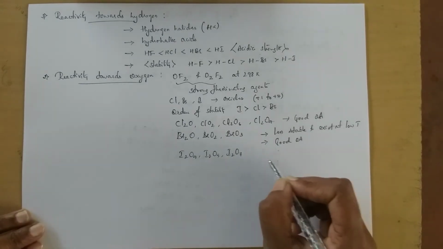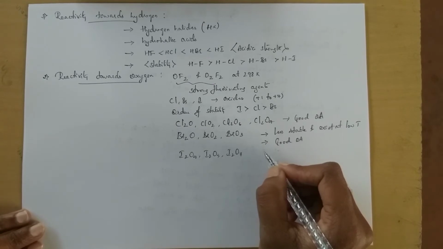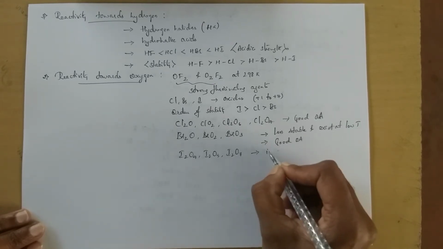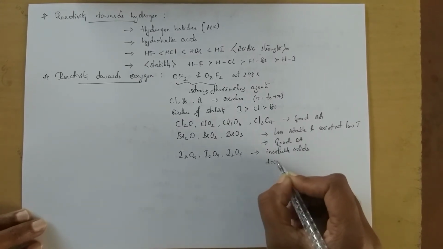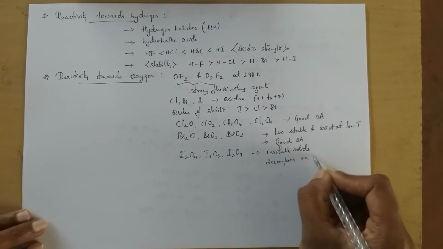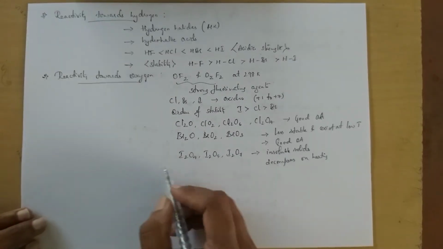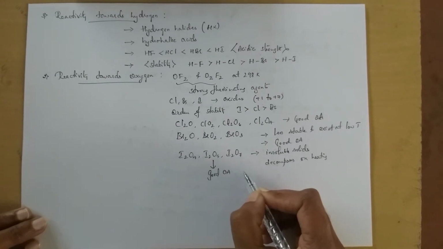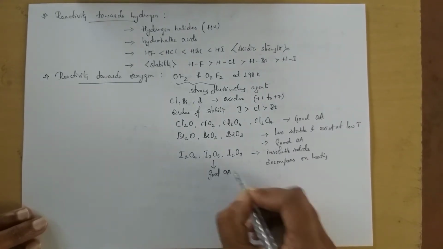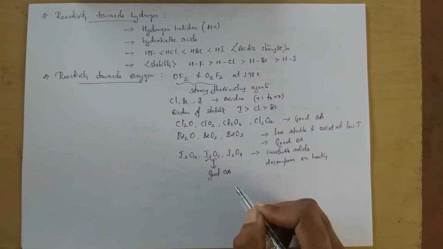These are insoluble solids, and they easily decompose on heating. Particularly I2O5 is a good oxidizing agent and is used in the estimation of carbon monoxide.